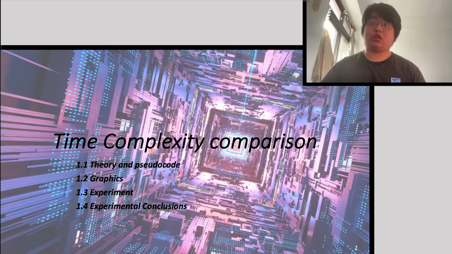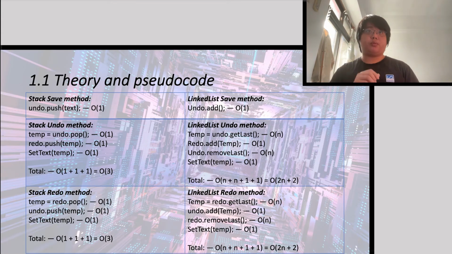So here the first part starts. Okay, the first part, theory and pseudocode. First of all, we make the stack version. For the saving method of the stack, we use push. Only pushing data into a stack, the time complexity is only O(1).